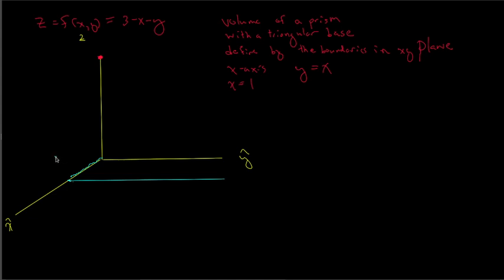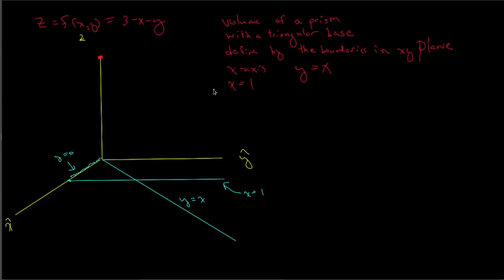So there's y equals 0, which is the x-axis, and there's x equals 1. Then the other boundary is the line y equals x, which is the identity function, which cuts our plane in half. And so this is y equals x. And so our prism is constrained by this triangular base here.